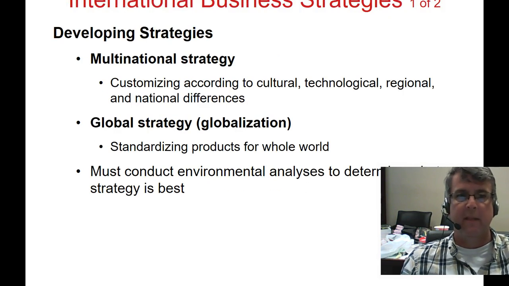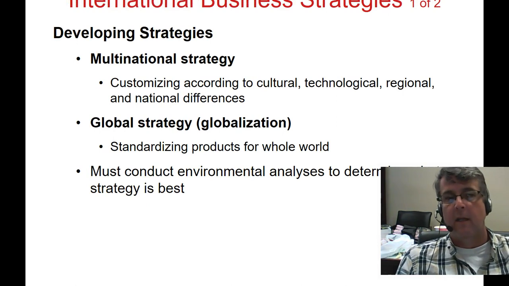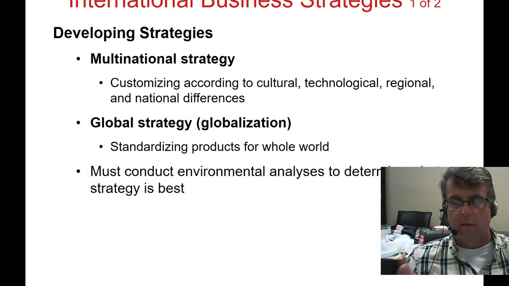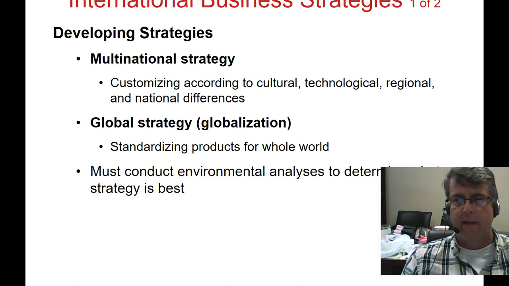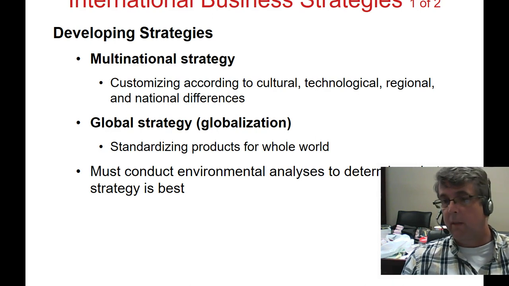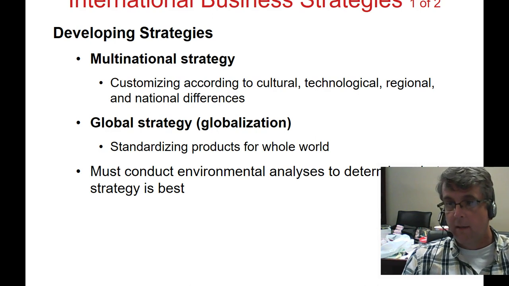Last thing we'll talk about, multinational strategy and global strategy. If you look at the book, most companies that deal in a lot of foreign trade or international business focus on what they call multinational strategy. Here, you're customizing according to cultural, technological, regional, and national differences. We saw that with McDonald's in China.